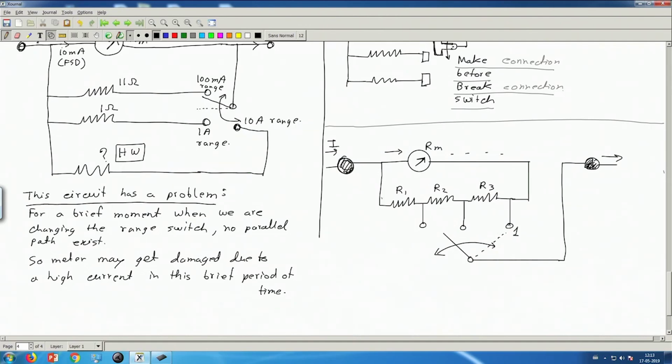Another half goes through the set of resistances R1, R2 and R3 and then goes out. So for this position we have Rm and R1 plus R2 plus R3 in parallel.